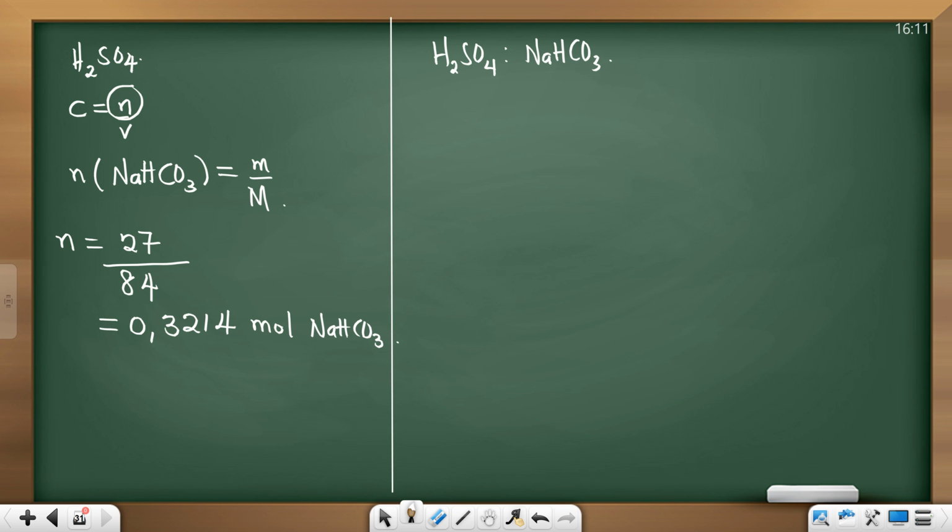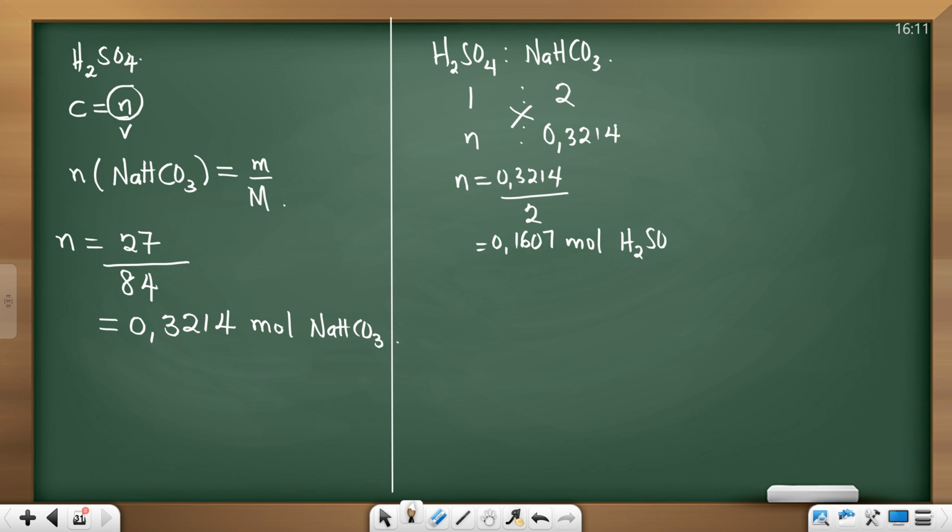What do we have? 0,3214 n. Can we cross multiply? 2n equals 0,3214, so n is 0,3214 divided by 2. What's the answer going to be? 0,1607. Moles of which compound? H2SO4. Can I go to step 3?